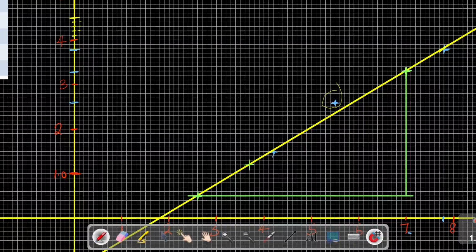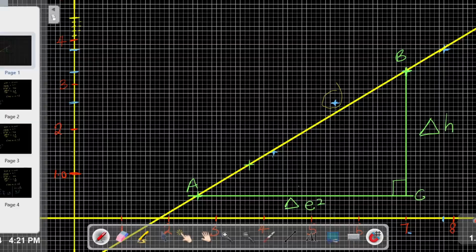Okay, so this is where my slope is. I'm going to call this place maybe point A, point B, and point C. This place is the change in height, and this place is going to be the change in E square.